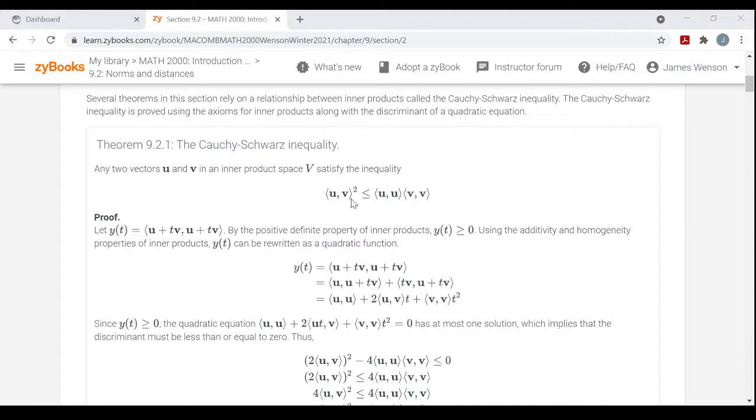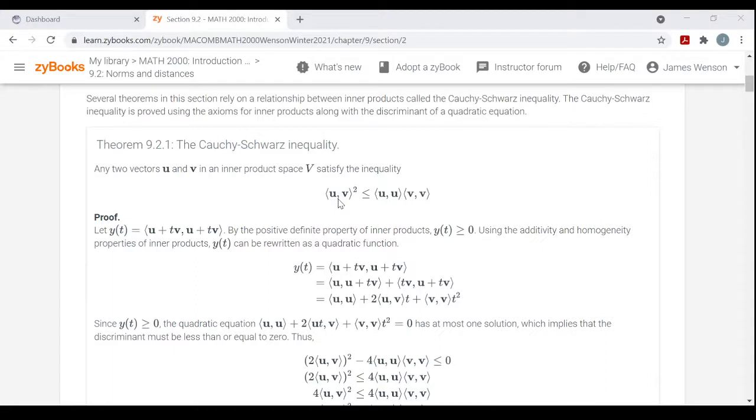The inner product of u with v squared will always be less than or equal to the inner product of u with itself multiplied by the inner product of v with itself. And again, this is true for any pair of vectors in an inner product space and any inner product, as long as you have an operation on these vectors from a vector space that satisfies those four axioms, those four properties of an inner product.